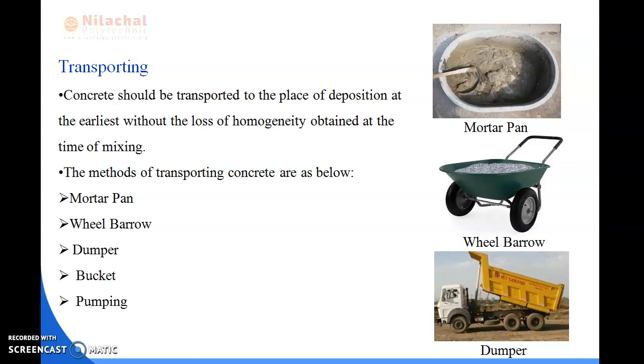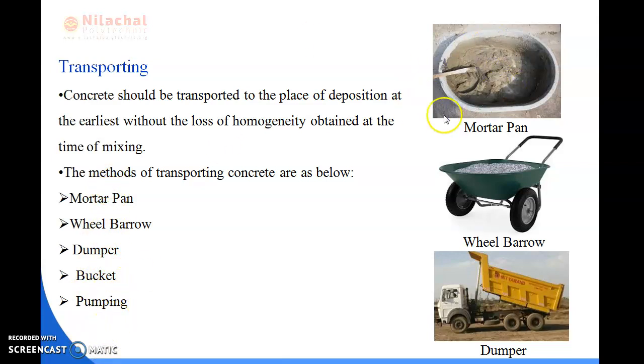The methods of transporting concrete are mortar pan, wheelbarrow, dumper, bucket and pumping.